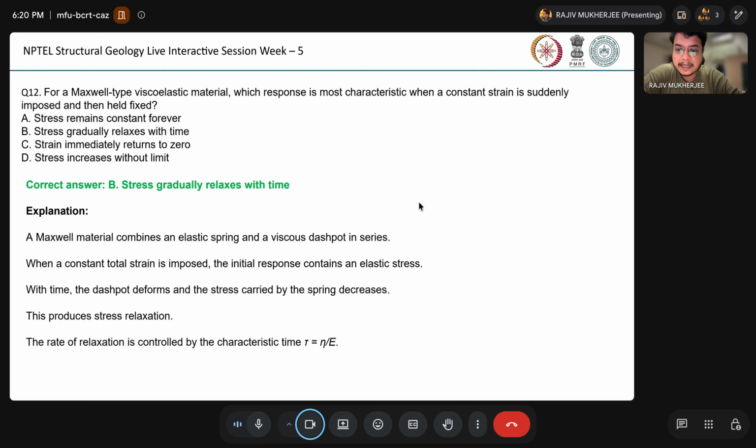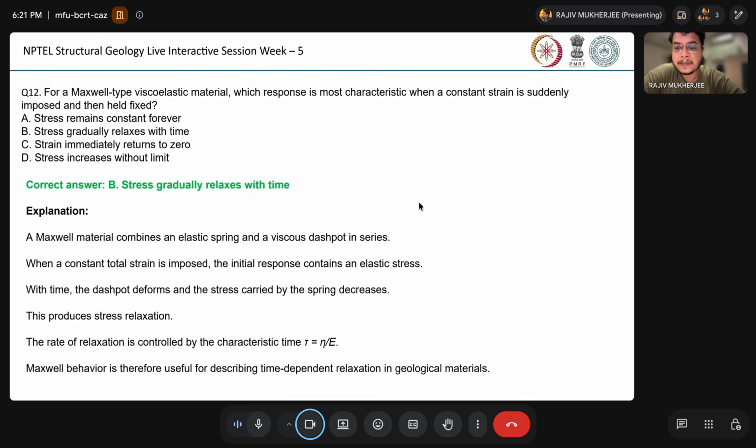And the rate of relaxation is controlled by the characteristic relaxation time tau, which is the ratio between the viscosity of the deforming material and its elastic stiffness, right? So if it's an axial deformation, then we should consider the Young's modulus, and if it's more of a shear deformation, then we should consider the rigidity modulus and so on, right?